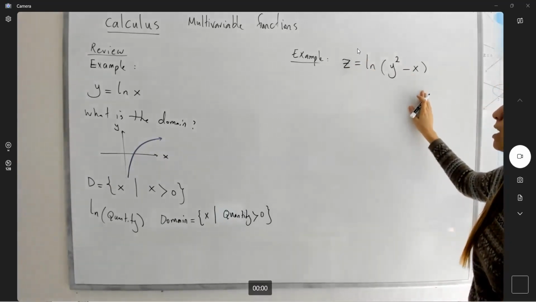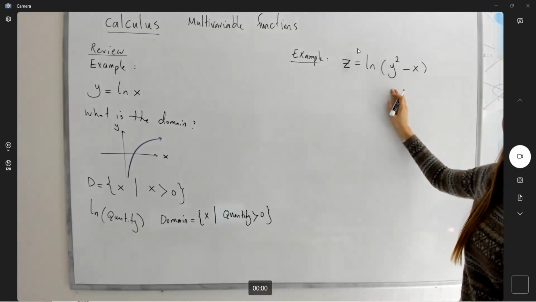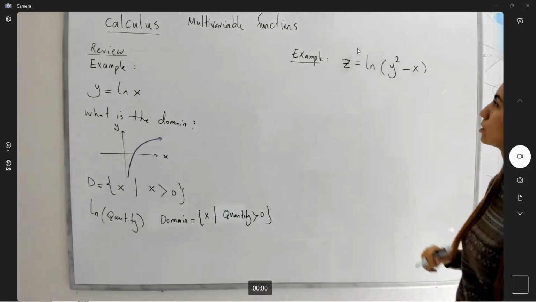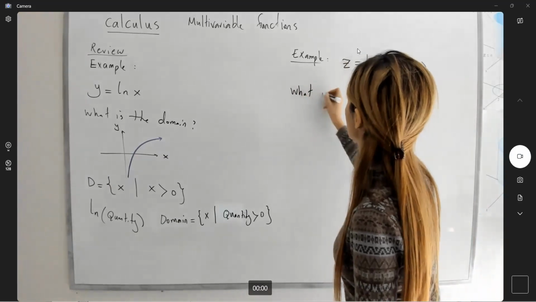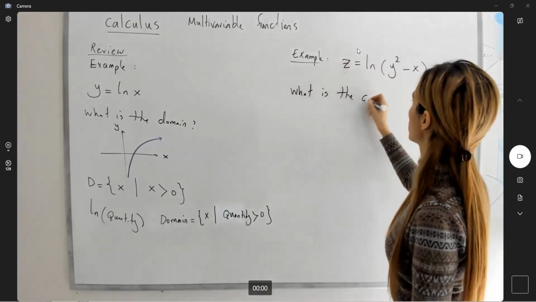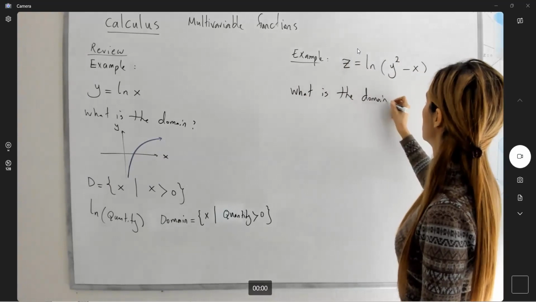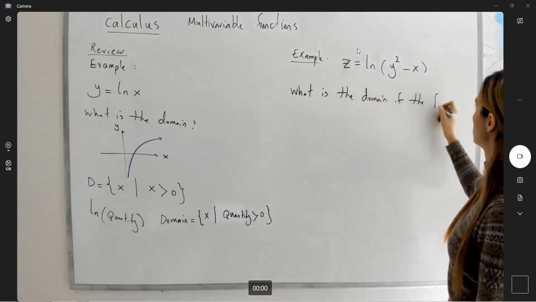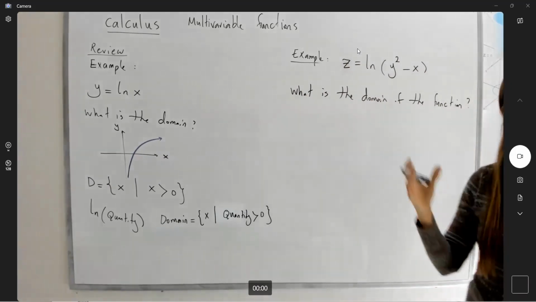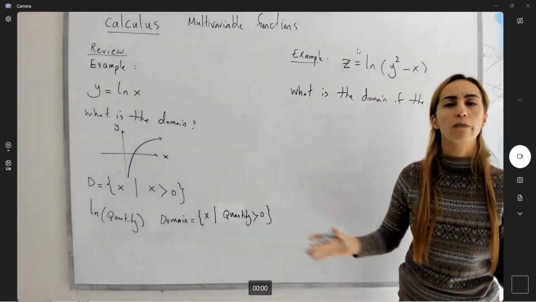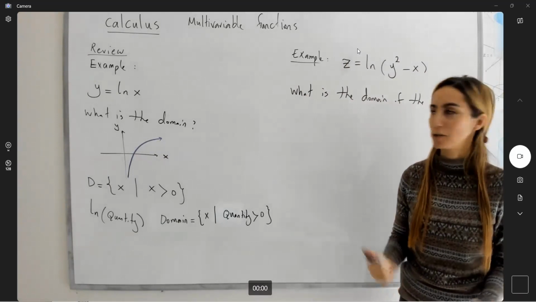It means that we have a two-variable function. Here we have two free variables. Let's find the domain. What is the domain of the function? Well, remember the definition. Always follow the definition.